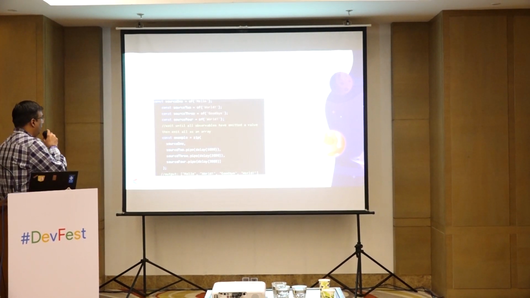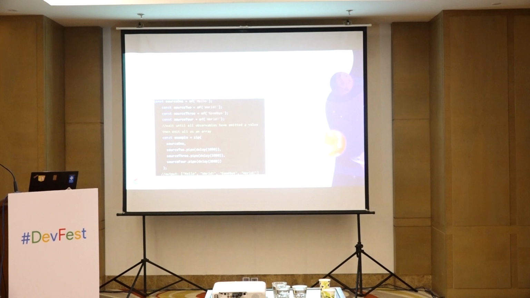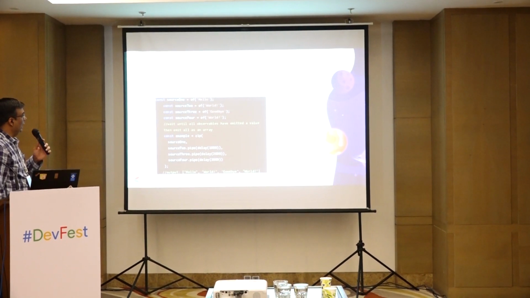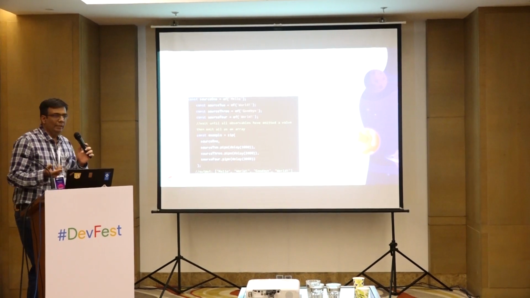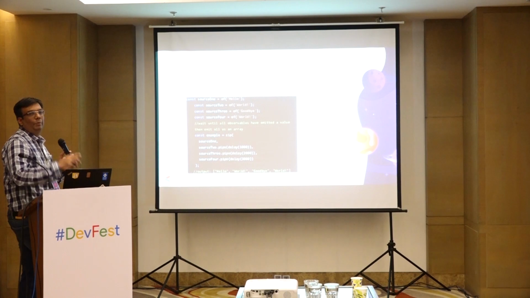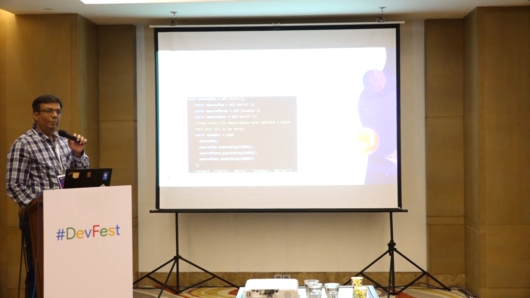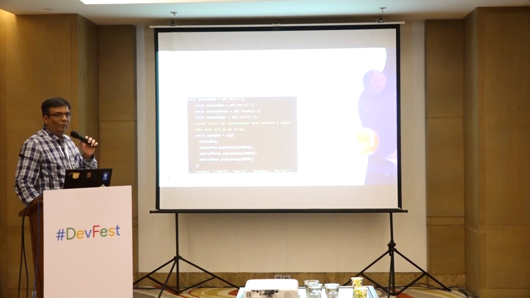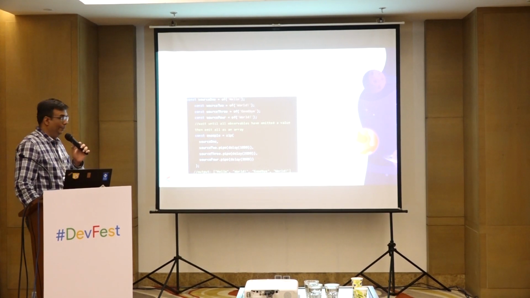Then we have the zip operator, right? What it is doing is emitting multiple observables at the same time. It will zip all these into a single observable, and it will output something like hello world, goodbye world, right?